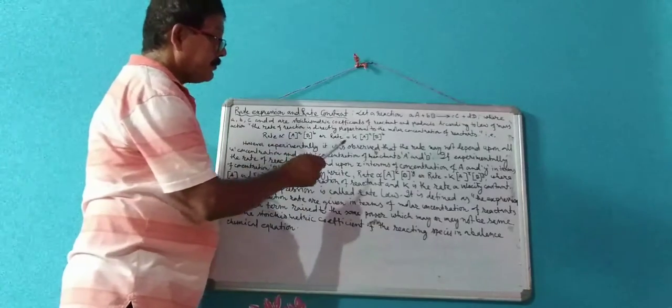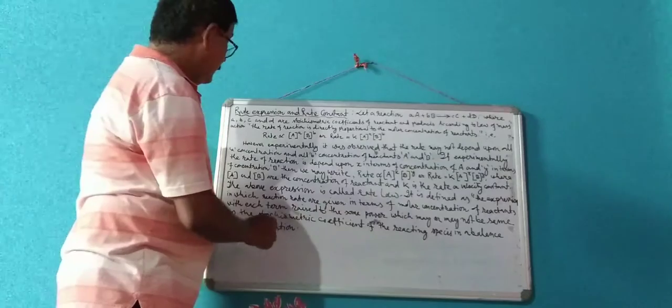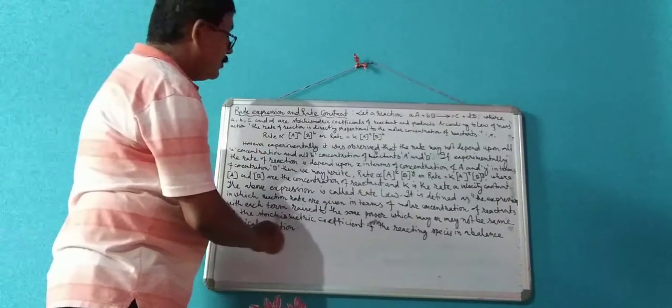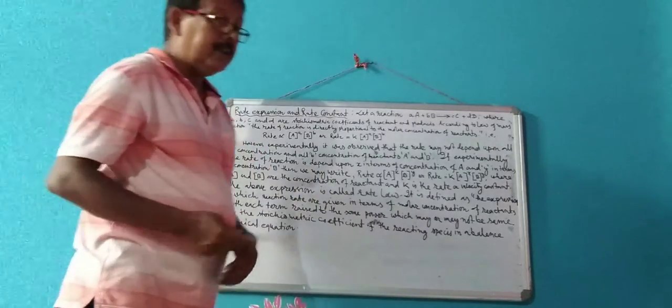So it is taken as x and y, the powers which may differ from the stoichiometric coefficients of the reacting species in the balanced equation. Now we shall go to the next part.